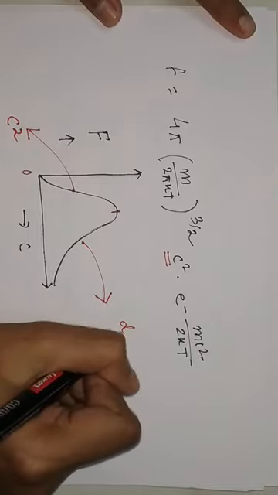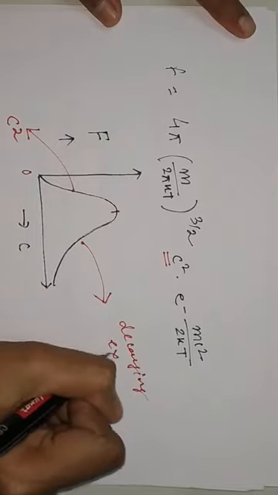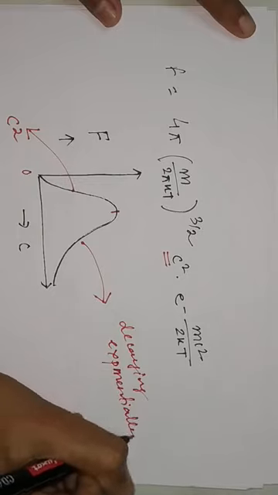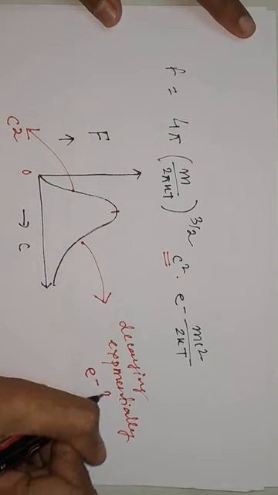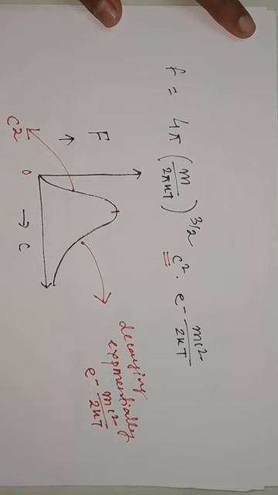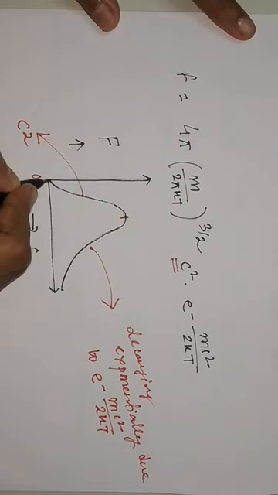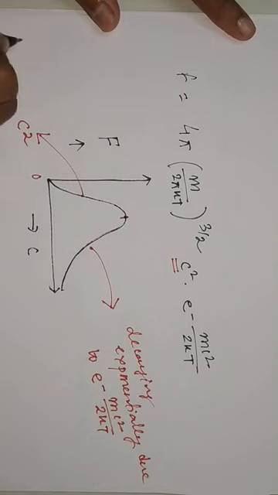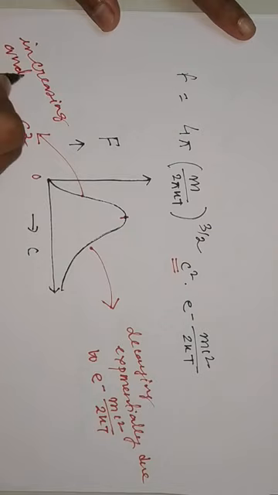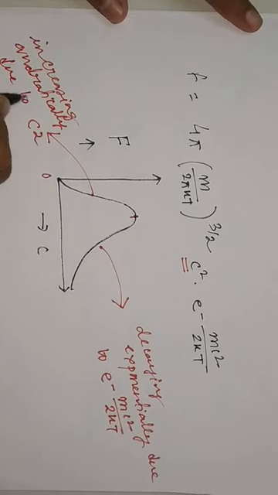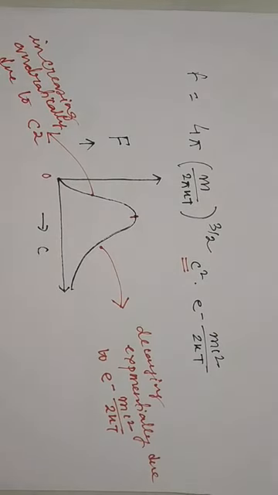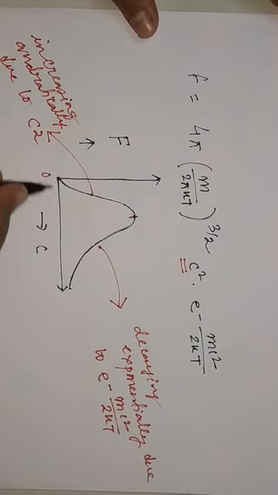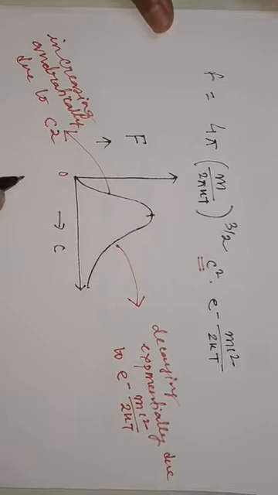It is decaying exponentially due to the term mc²/2kT. And from 0 up to this value, it is increasing quadratically, meaning as a square of c, due to c². Okay, that's why quadratically.